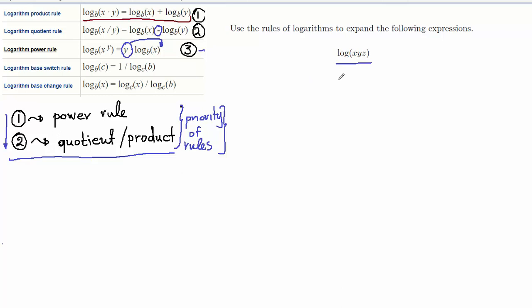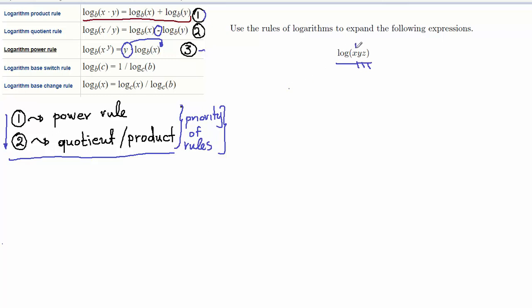difference of logarithms. What I have are three different arguments, three different variables here, the product of x, y, and z. What I can do is apply the first rule right here, the product rule, in order to split this logarithm. I can do it in two steps if you want, just to make sure that you're not confused.